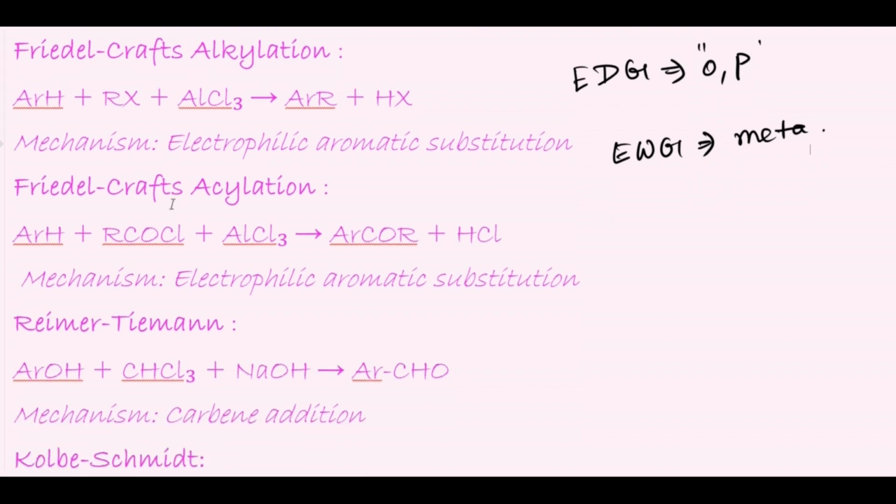So that follows the Friedel-Crafts alkylation. The one more important question here you can consider, that is why we are using AlCl3. Okay. So here AlCl3 is working as a Lewis acid. What is Lewis acid? It is having a vacant orbital to accommodate the lone pair. Correct?